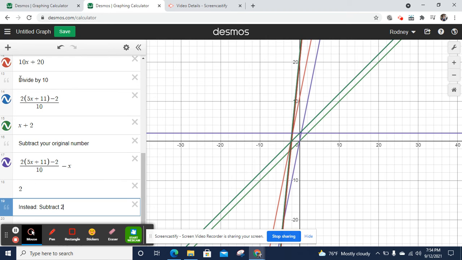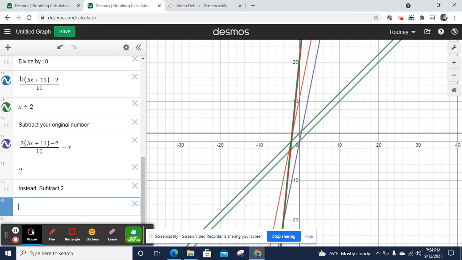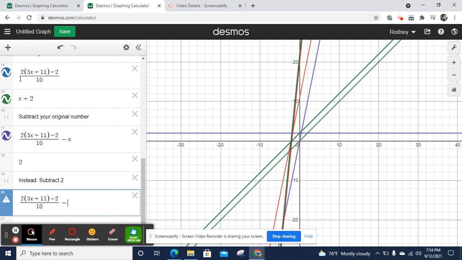Then what you'll end up with is this: instead of minus x, it's minus 2. And when we do that, notice this red line is what we've gotten. That is y equals x.